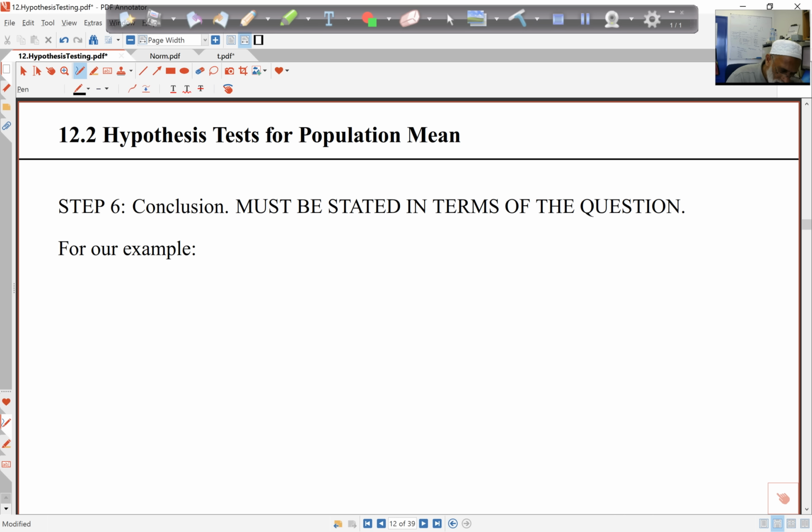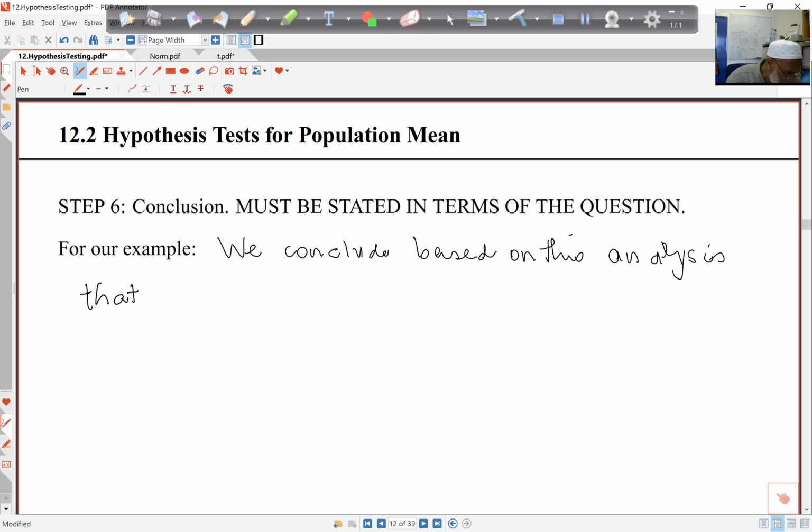So we conclude based on this analysis there is no evidence.